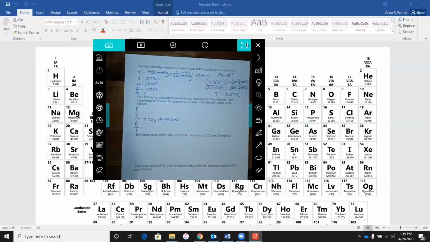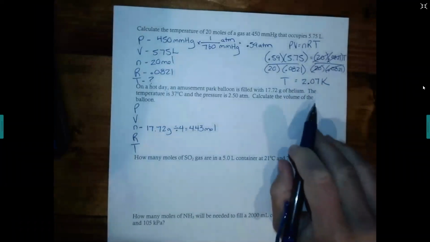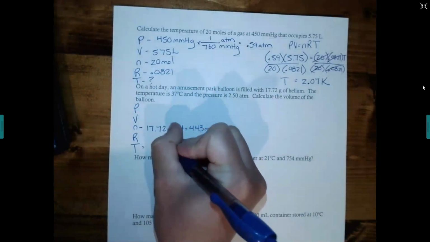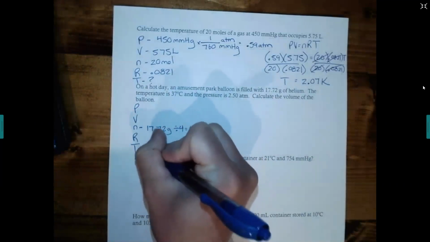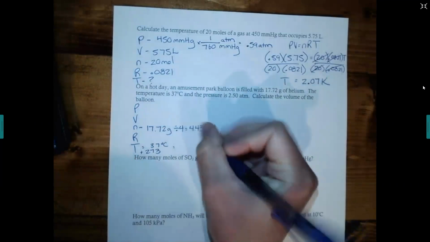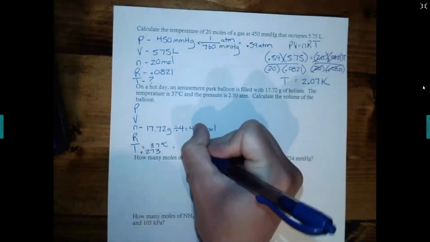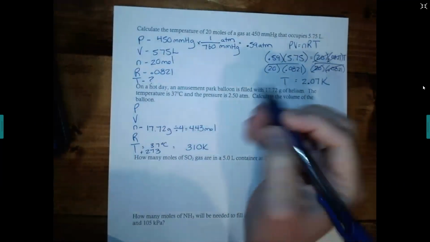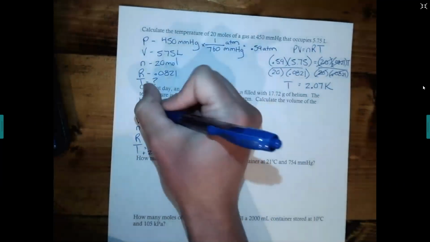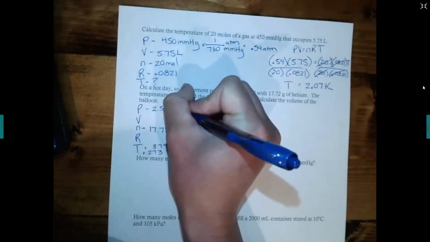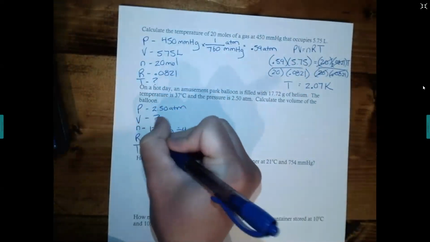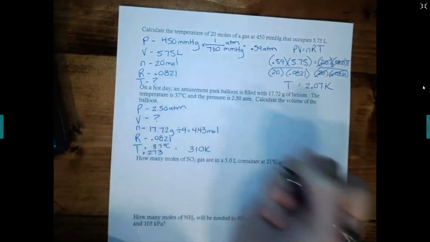Alrighty, on to the rest of the problem. The temperature is 37 degrees Celsius. So remember that we need to add 273. So we get 310 Kelvin. And then moving on, the pressure is 2.5 atmospheres. And now we're supposed to calculate the volume. All right.